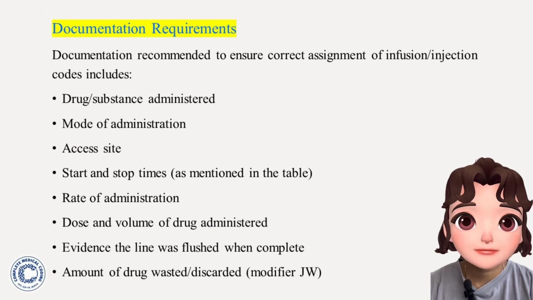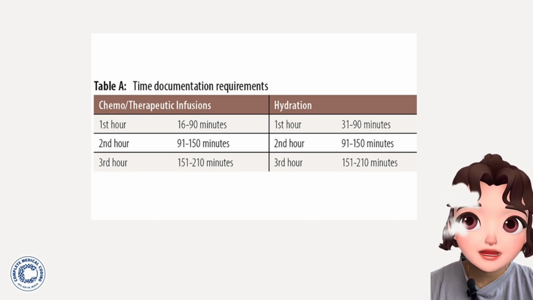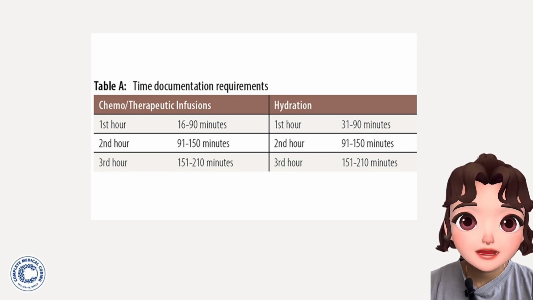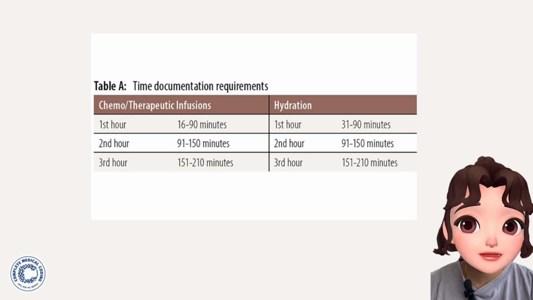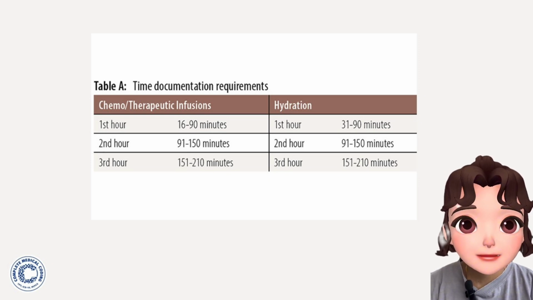If some amount of drug is wasted or discarded, then you have to append modifier JW. And this is the table, time documentation requirements, how to code the time for chemo or therapeutic infusion, and then hydration, it is separate. For chemo or therapeutic infusion, the first hour is considered 16 to 90 minutes, whereas for hydration, the first hour, in the sense the initial code, primary code, is considered 31 to 90 minutes.